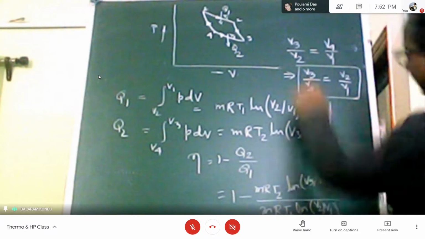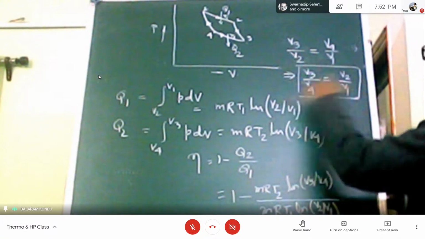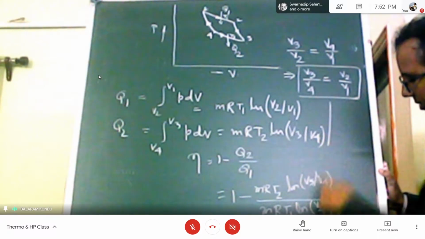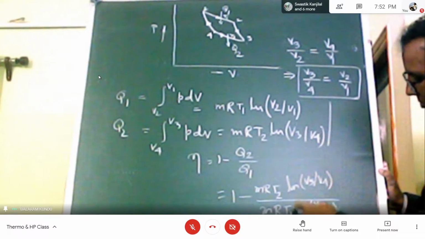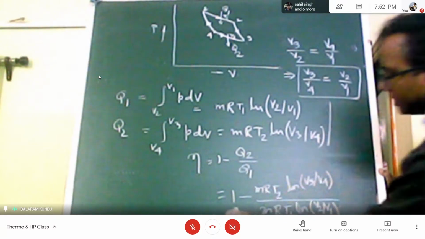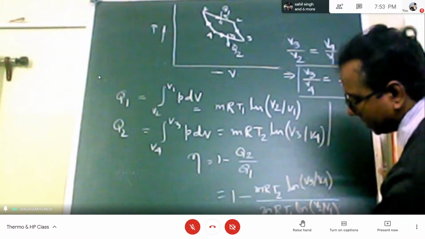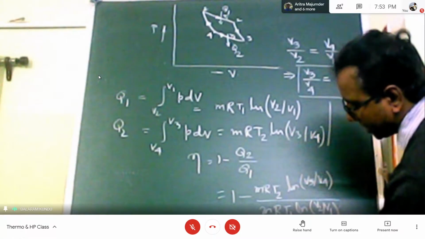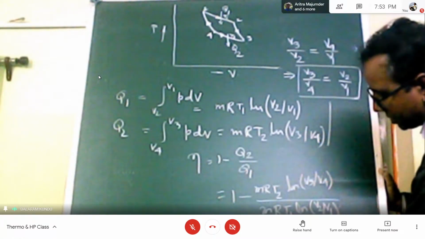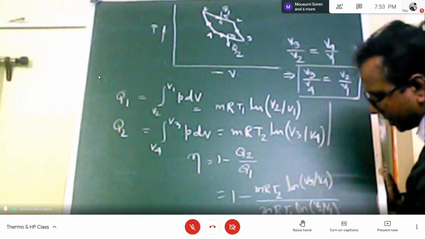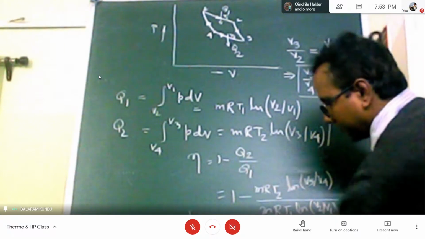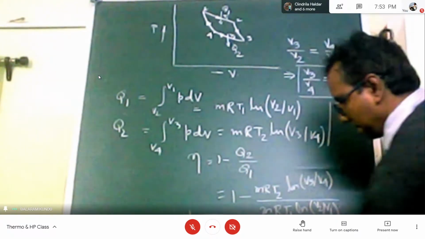And we know that V3 by V4 is equal to V2 by V1. So these cancel out. So it is 1 minus T2 by T1. In this way, it is possible to get the efficiency of a Carnot engine. So that is equal to 1 minus T2 by T1. So that is your efficiency of the Carnot engine.